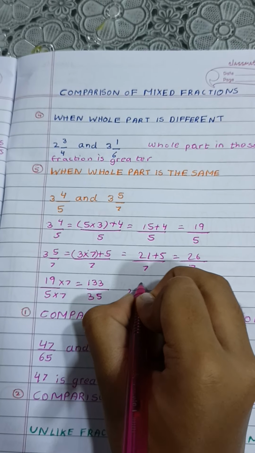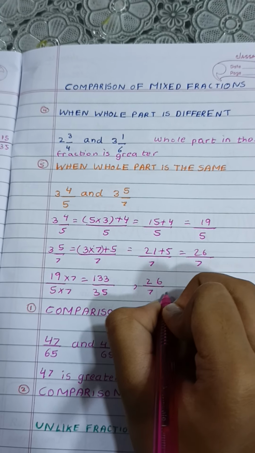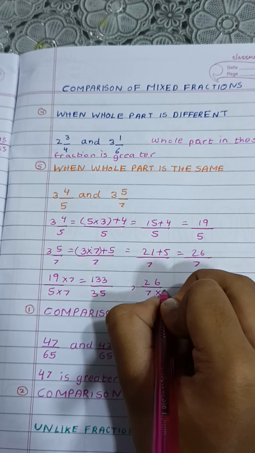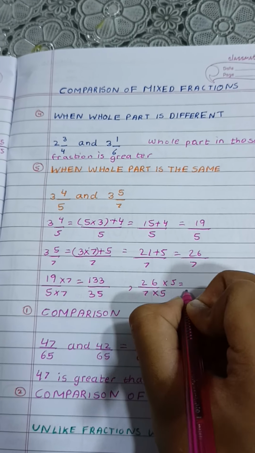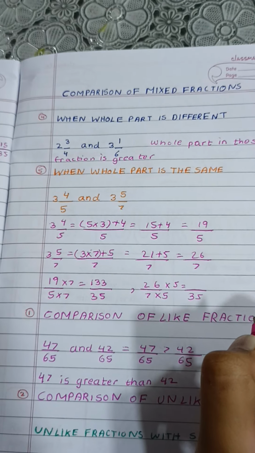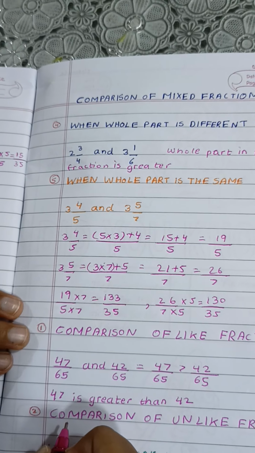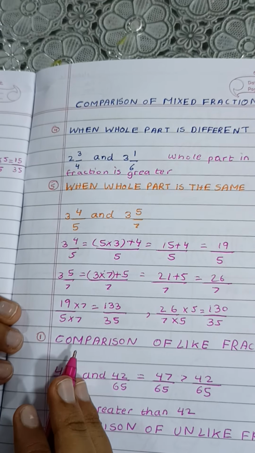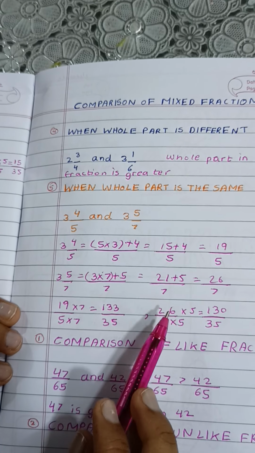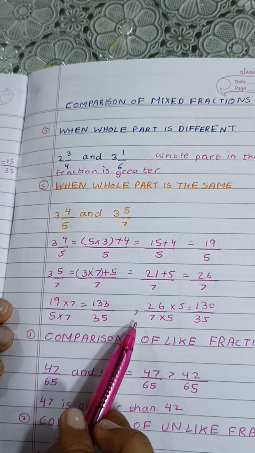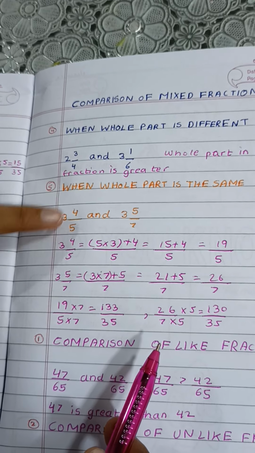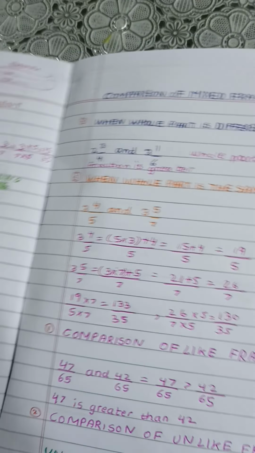And 26 by 7 times 5 over 35. 26 times 5 equals 130. So thus we can say that 19 upon 5 is greater than 26 upon 7, or 3 4 by 5 is greater than 3 5 by 7.